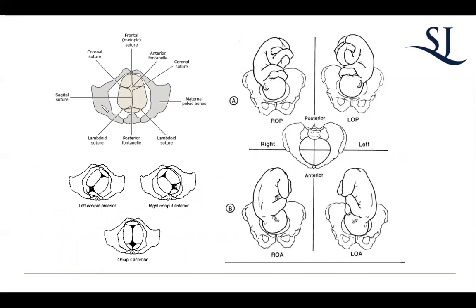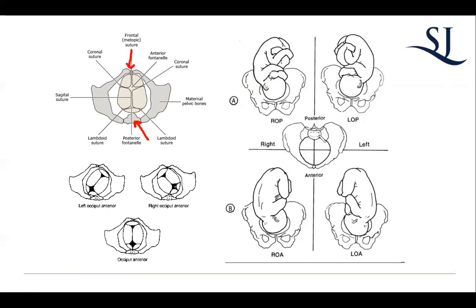This is the bony pelvis, okay? This is the sacrum. You always want to orient yourself to where the back is. That's easy enough to do. The sacrum is in the back and the symphysis is anterior, okay?